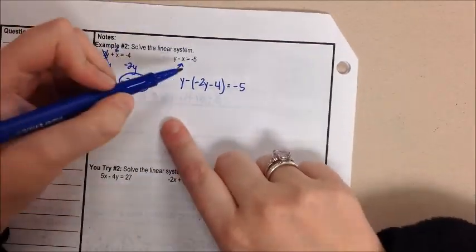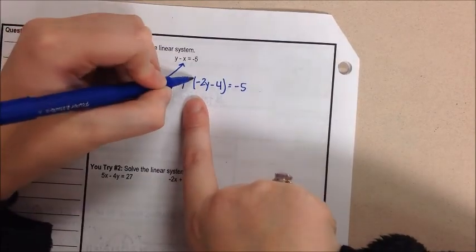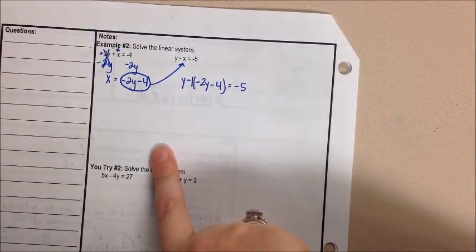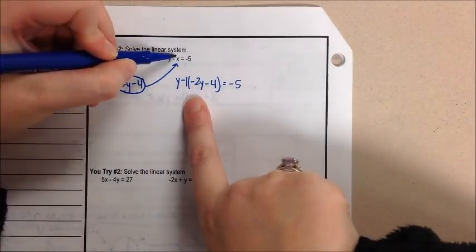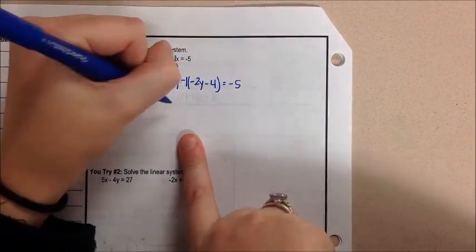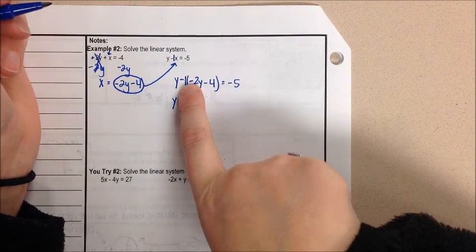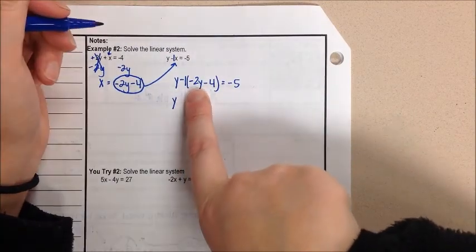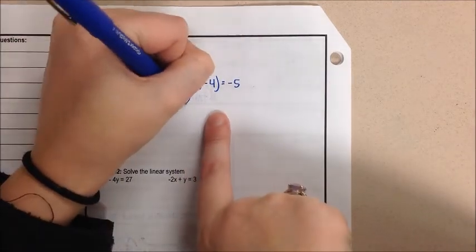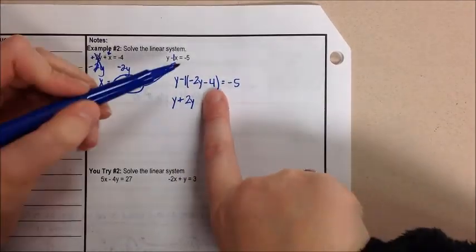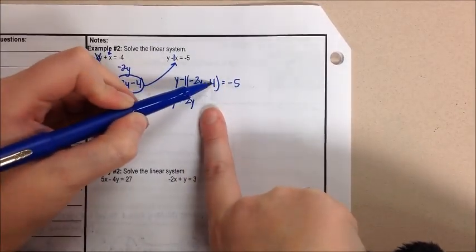Okay, so now we have to distribute. It's like I'm distributing a negative 1. There's no 1 there, but it's like a negative 1, as if there was a 1 there. So I have negative 1 times negative 2y. Well, a negative times a negative is a positive, and 1 times 2y is 2y. And then I have negative 1 times negative 4.